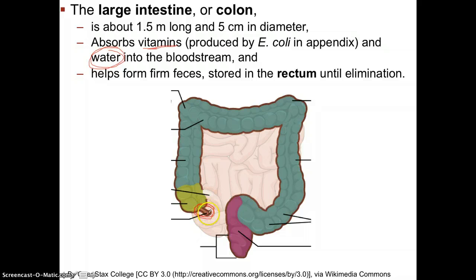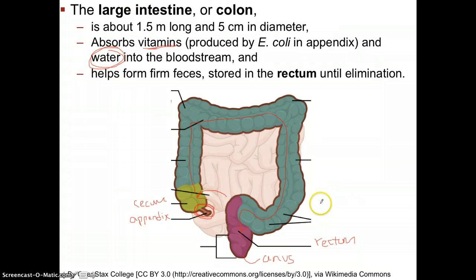There's bacteria in here that produce some of these vitamins. They're not really crucial to functioning and often prone to infection, which is why some people end up having their appendix removed. So coming in from the small intestine, this first part is your cecum, and then water gets reabsorbed, and then feces are stored in your rectum before being expelled out through your anus.